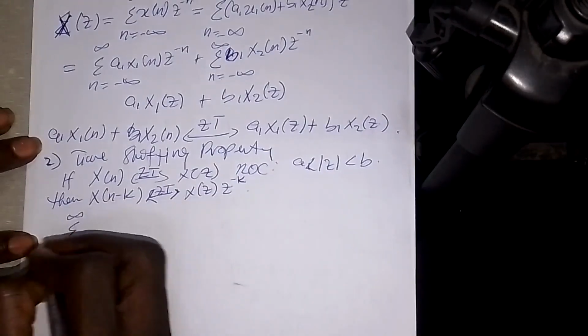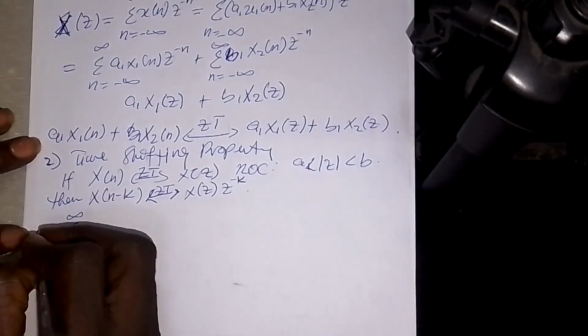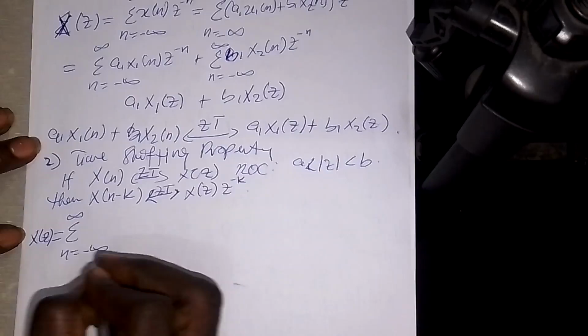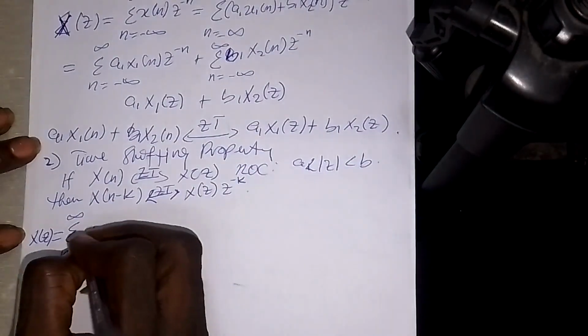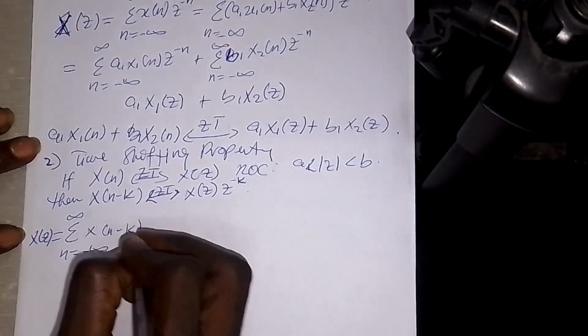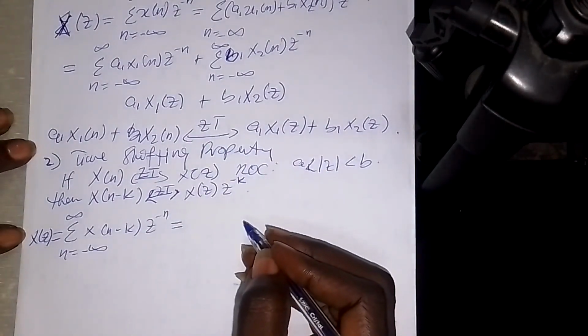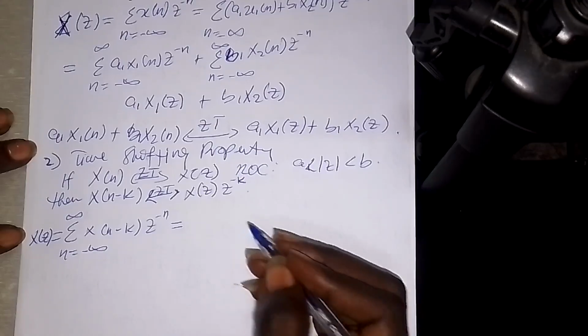To prove this one, what I can say is that X of Z is the summation from n equals minus infinity to infinity of x of n minus k into Z to the minus n.